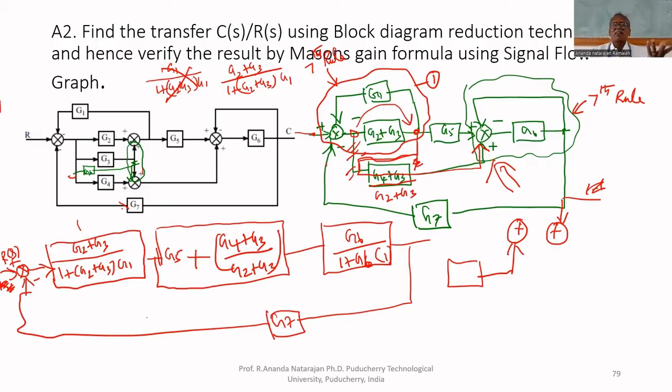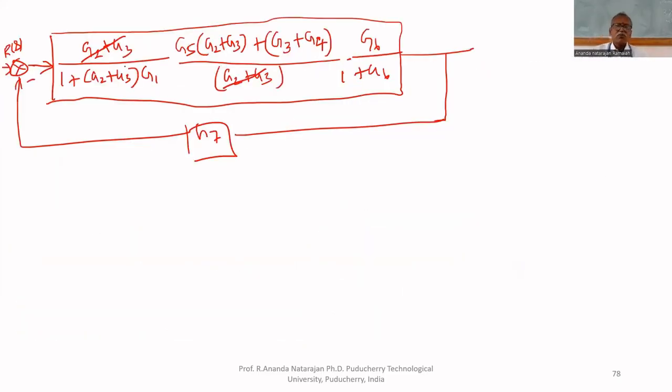Suffix number is to distinguish, that's all. It need not be in a particular sequence. Any name can be given to any transfer function. Now we have to apply the 7th rule.